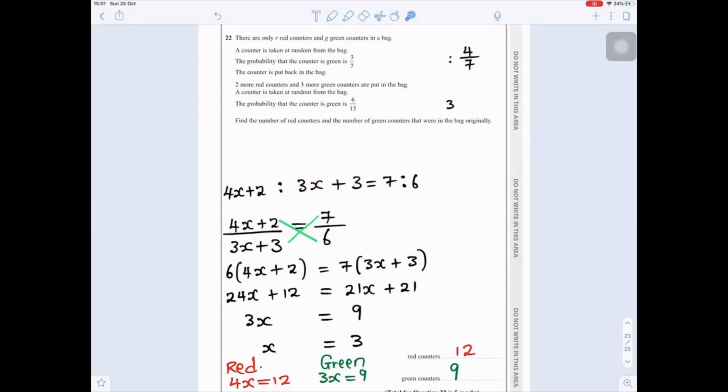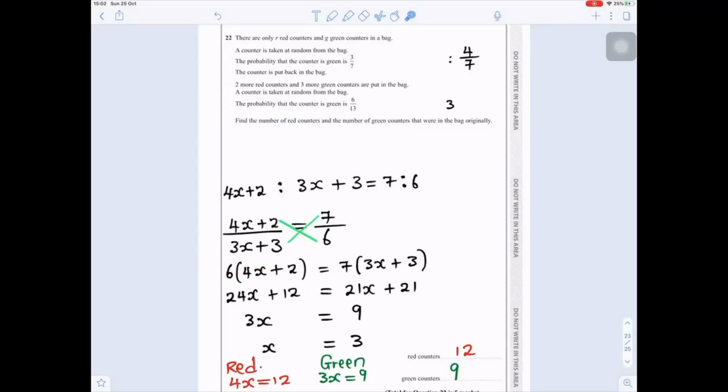The ratio of red to green is 7 to 6, because 6/13 is the probability of green, and 7/13 for red. So the ratio of 4x plus 2 over 3x plus 3 is the same as 7/6. You cross multiply. 6 times 4x plus 2 equals 7 times bracket 3x plus 3.